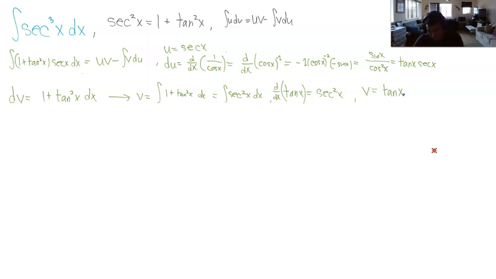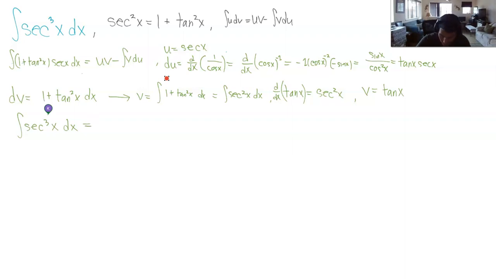Okay, so in other words, now we can rewrite this integral, right? I'm just going to write the integral of secant cubed dx. Remember, secant cubed dx is the exact same thing as this guy. But now, since we identified what u, v and dv are, we can use all this information to make it an easier problem.